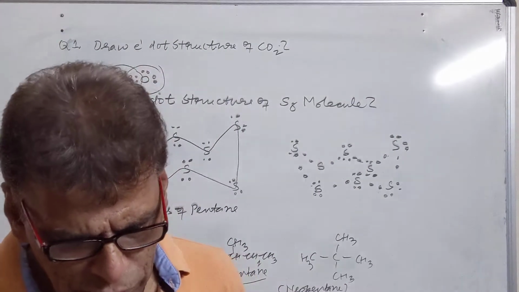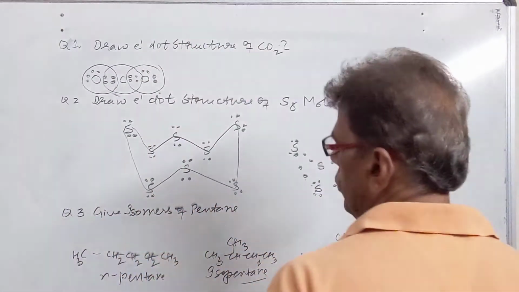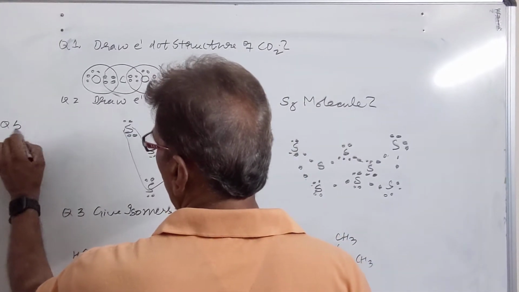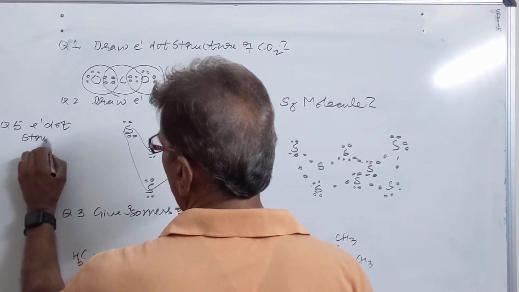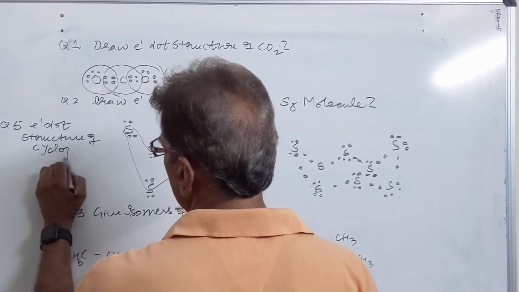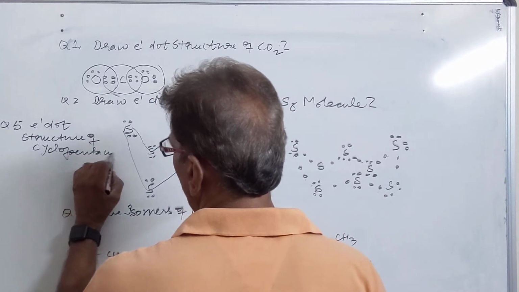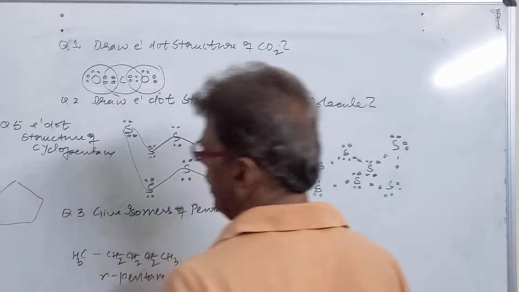Then what will be the formula and electron dot structure of cyclopentane? So we'll be doing that now. First of all we draw a pentagon for this. This is cyclopentane.